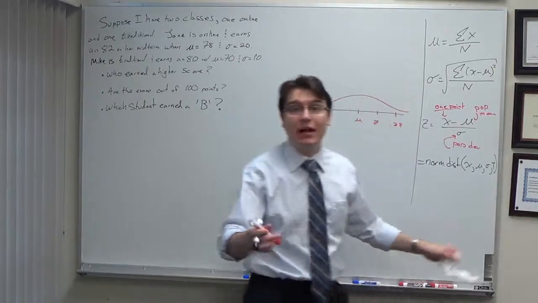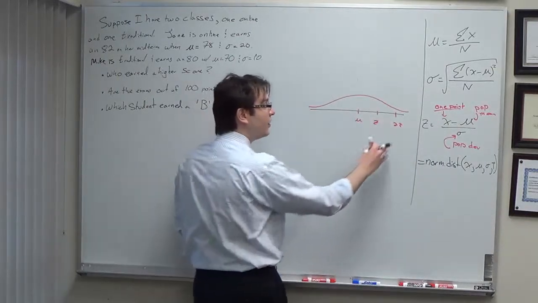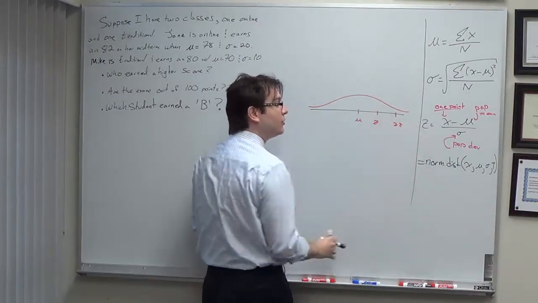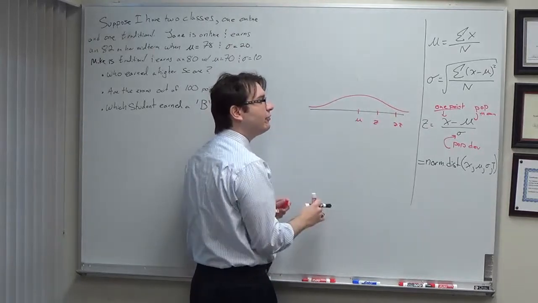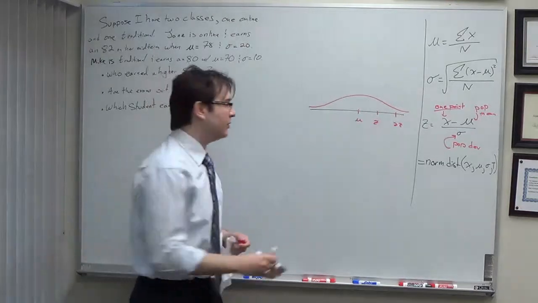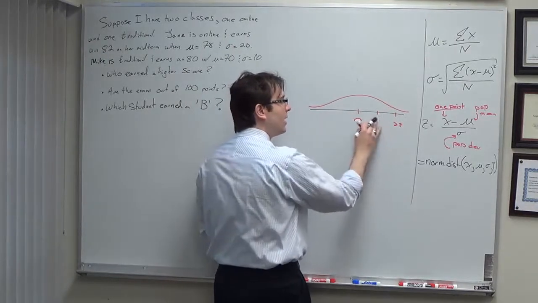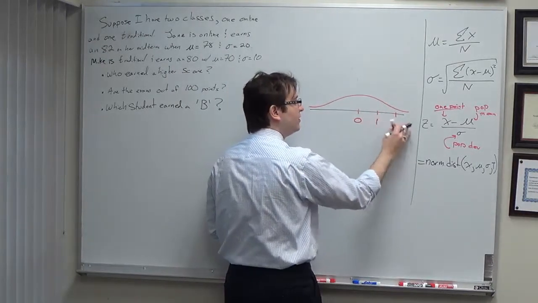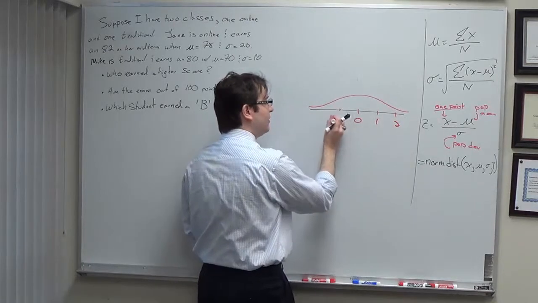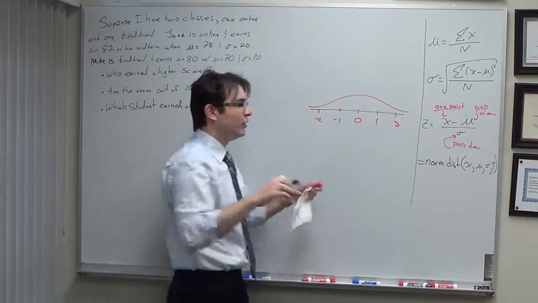And the idea behind the z-score is that when you recalibrate under z measurements, you don't have mu as some random number. Instead, you recalculate it so that mu is actually 0, and then your z-score becomes 1 standard deviation, 2 standard deviations, or -1 or -2, and so on.